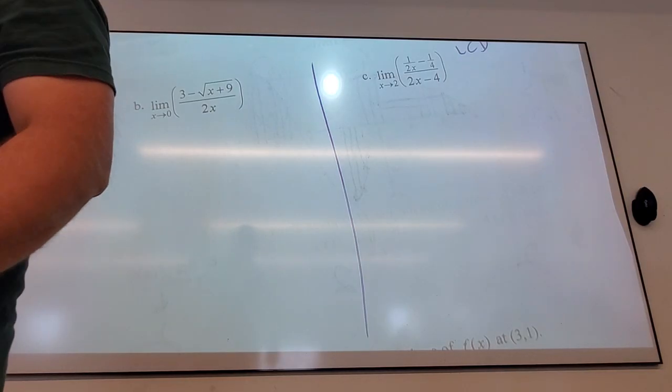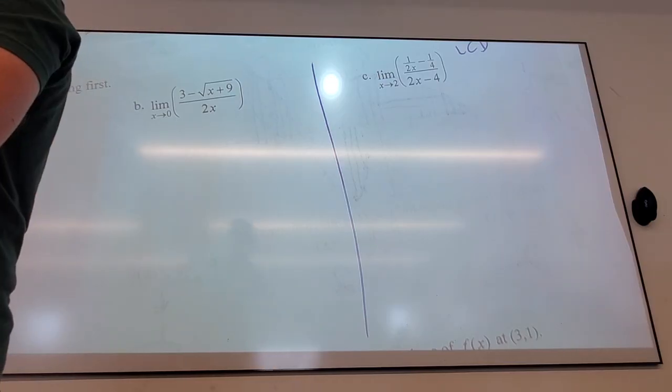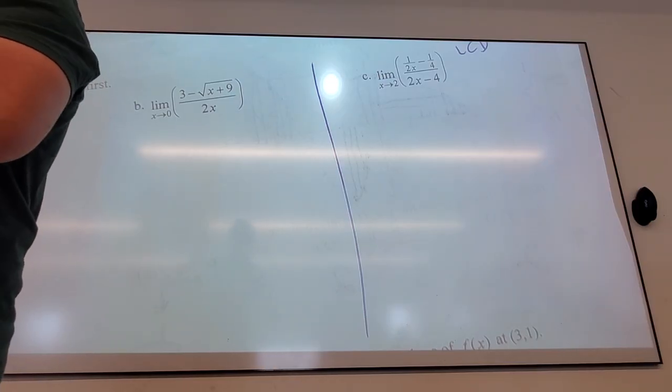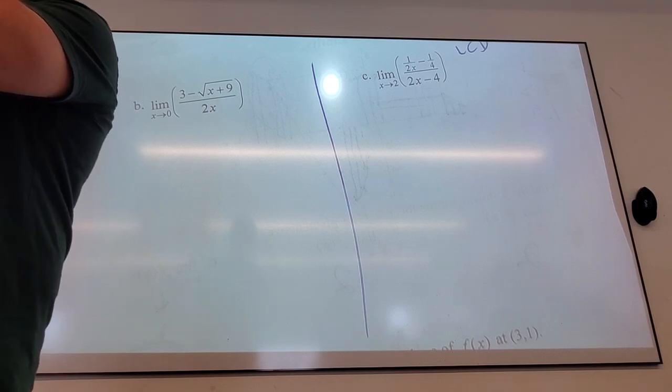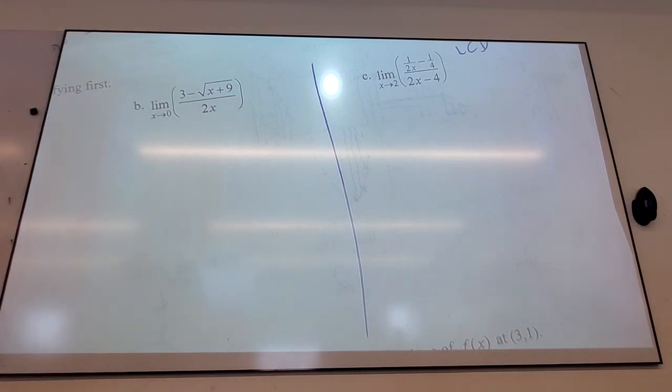If I was doing 1/2 plus 1/4, what would the LCD be? 4. 4 would be the LCD. Okay, I like it. And then what do they both also need that one of them has? An X. So 4X. That's how you look at it. Look at the numbers. Look at the variables.